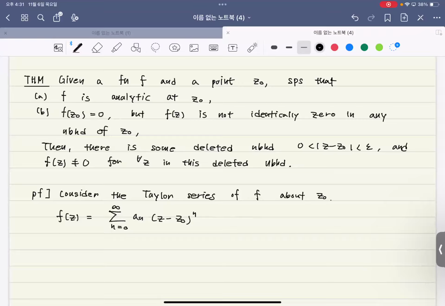If all a_n equal 0, then f is identically 0.